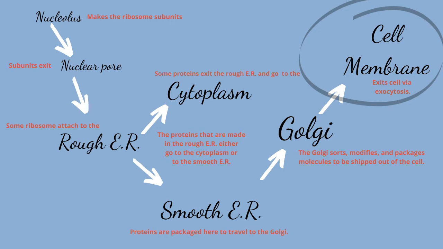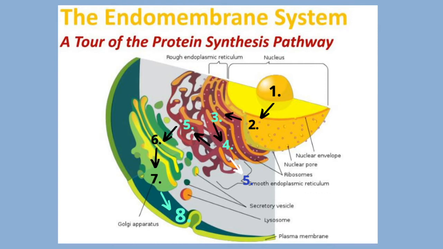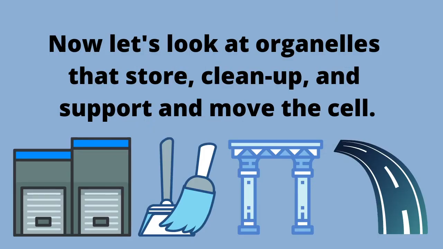So once again, nucleolus, nuclear pore, the rough ER, and then either to the cytoplasm or to the smooth ER. If it goes to the smooth ER, it will travel to the Golgi, and then it will go to the cell membrane to exit the cell. Now, let's look at organelles that store, clean up, and support and move the cell.